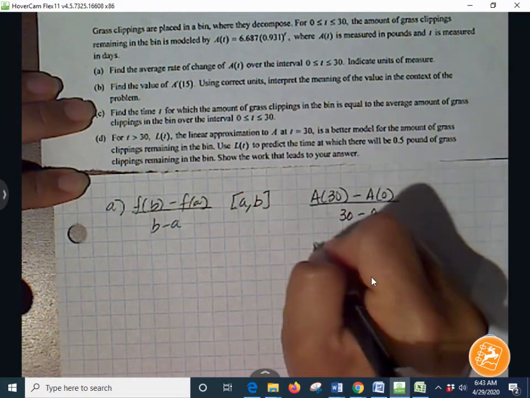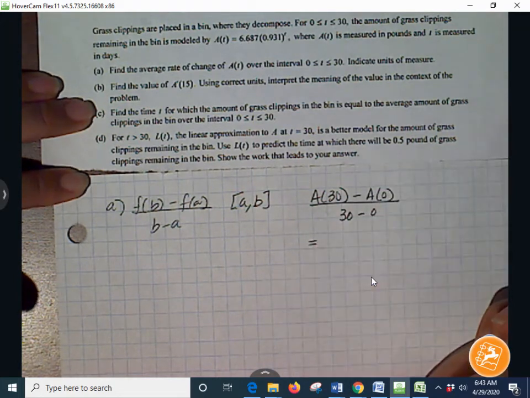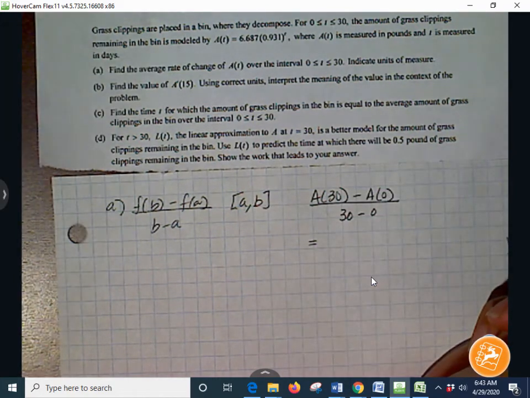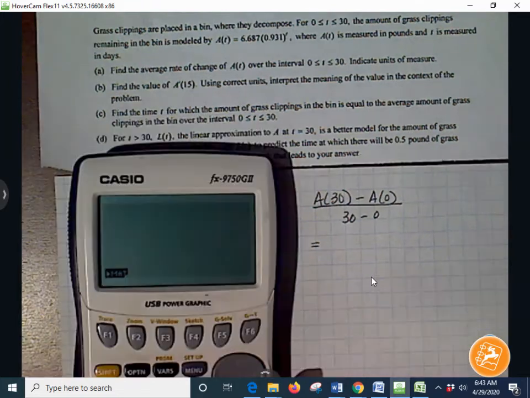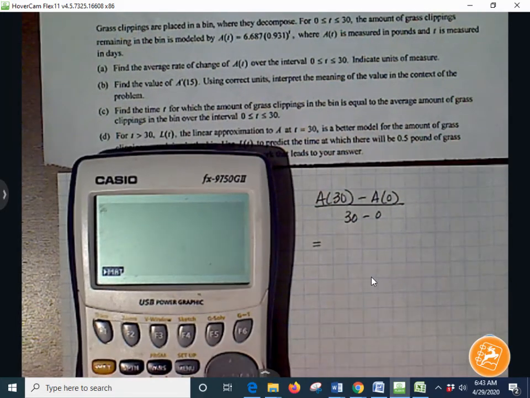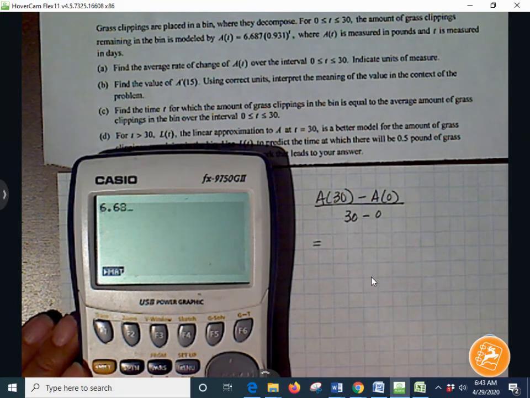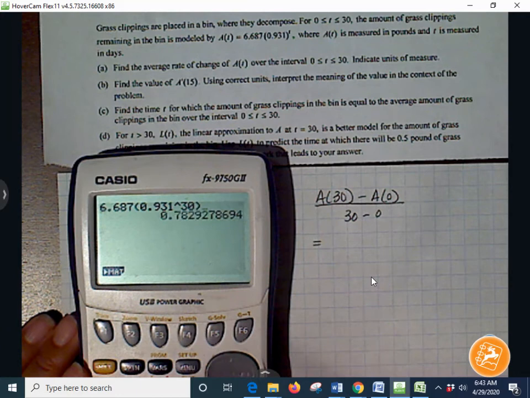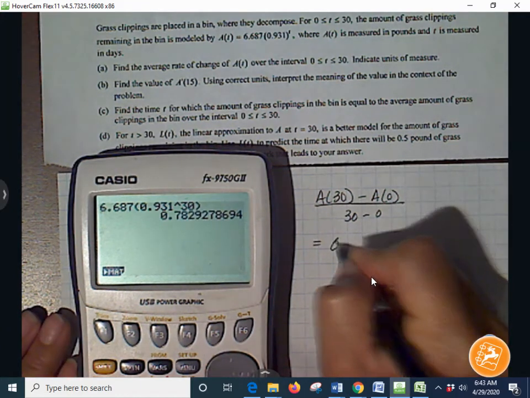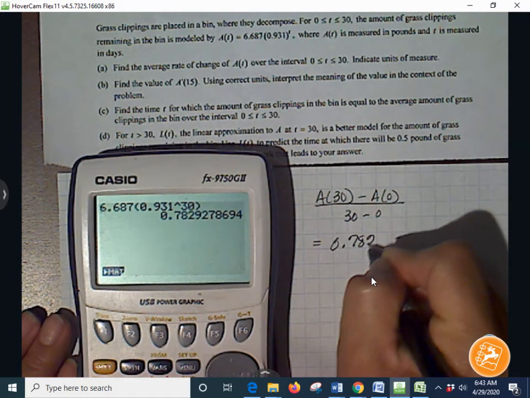Okay, and so now I'm going to put this in the calculator and evaluate that. So, what is it? 6.687 times 0.931 raised to the 30th. Okay, enter. That is going to be 0.7829.